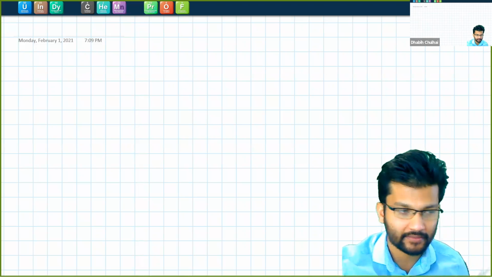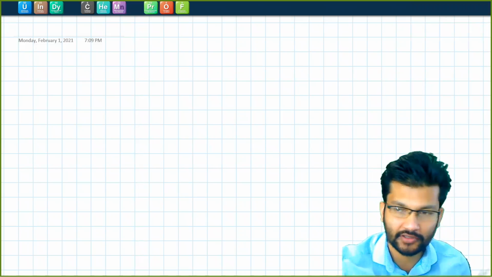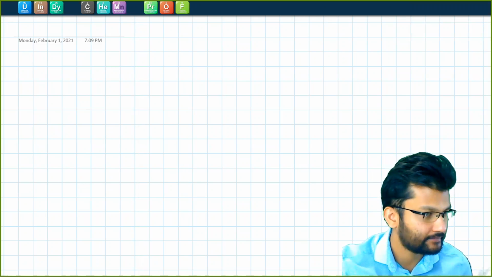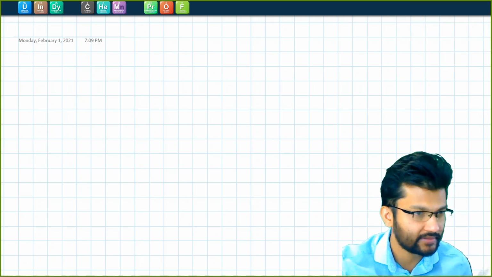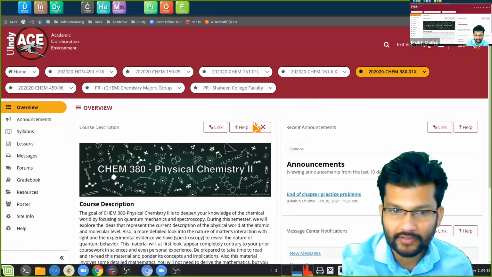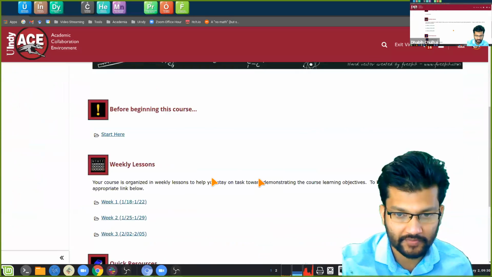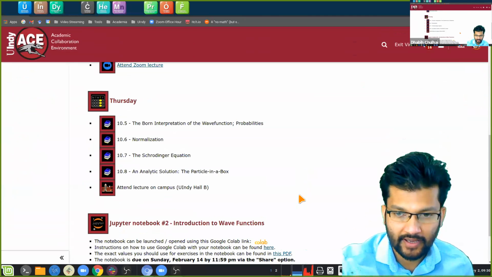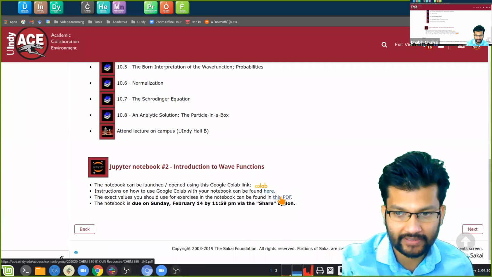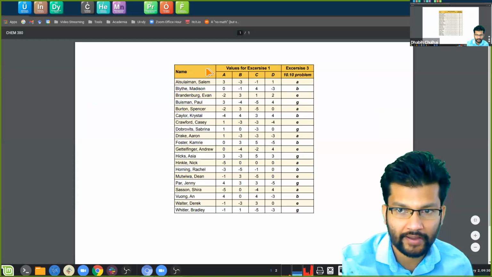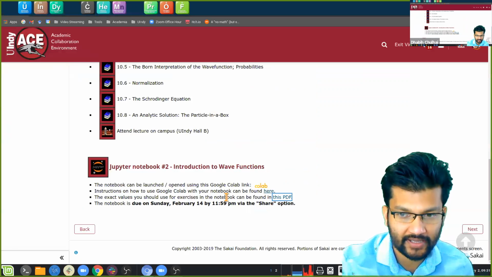Before we begin, there were a couple of things that I wanted to mention. I did update, for some of you who already looked, this PDF right here with the values that you should use for the second Jupyter notebook. If you have any questions about that, please let me know.